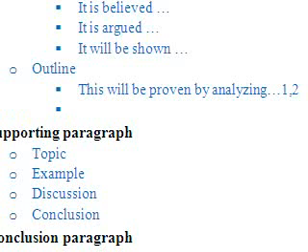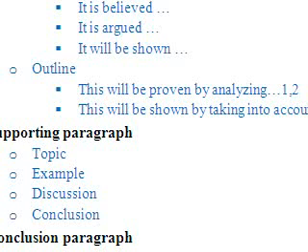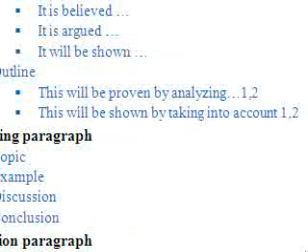So this will be proven by analyzing this and this, or this will be shown by taking into account. This will be shown by taking into account, and then again 1 and 2. Let's move the screen over a little bit so we can see. So this will be shown by taking into account this and this.